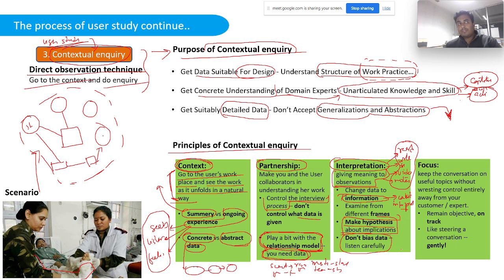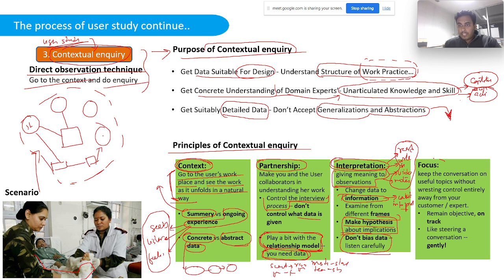We go into a contextual inquiry with our mindset of making some design or contributing some solution, so do not put those lenses on while capturing information. That's a principle in contextual inquiry.